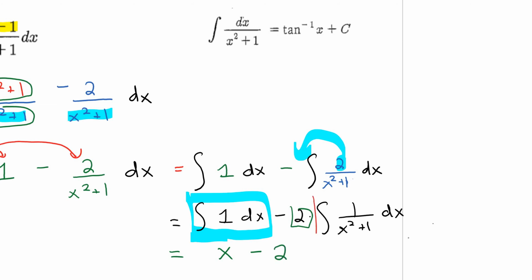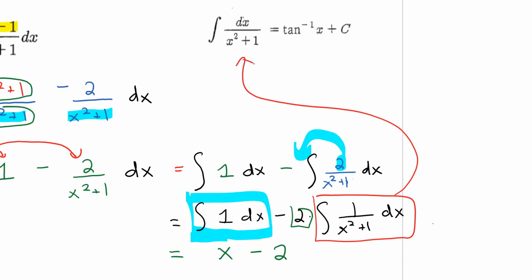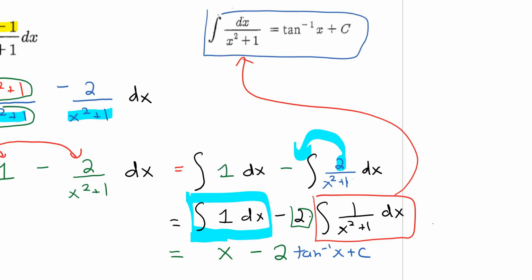Then ask yourself, this box right here matches up with the inverse of tan. So this would be tan inverse x plus c. All right, so that's how you would finish off that particular problem. You do have to rewrite that problem using 2 different fractions, simplify, and then use some of your basic antiderivative rules along with the inverse of tan at the very top there.